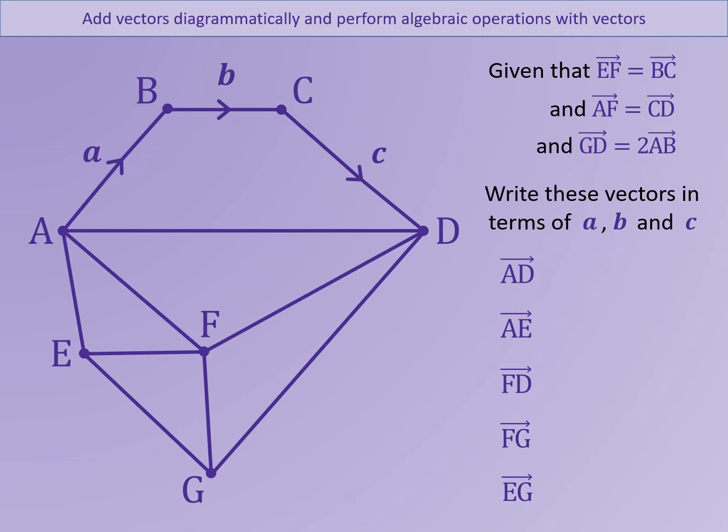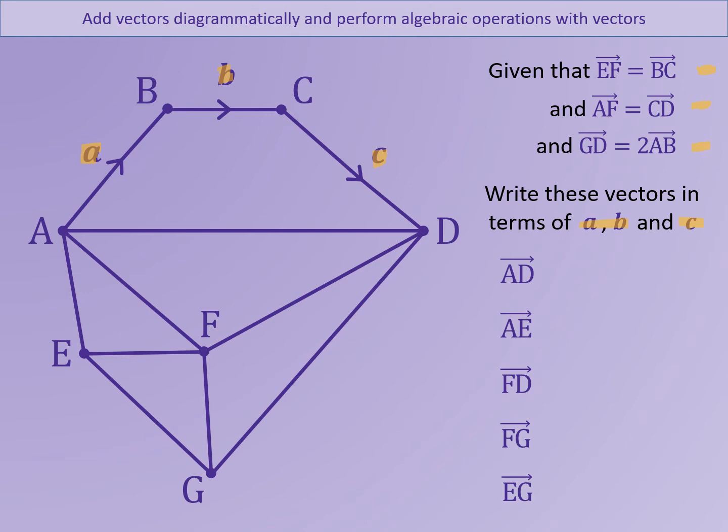We are given the vectors A, B and C, and these represent the vectors between the capital letters AB, BC, CD. We're also given some extra information at the top, so that EF is equal to BC, AF is equal to CD, and GD is equal to 2 lots of AB.